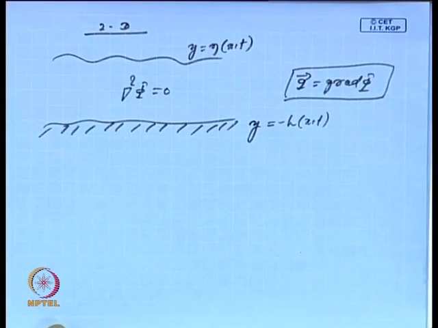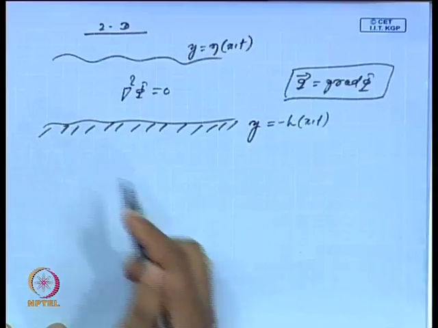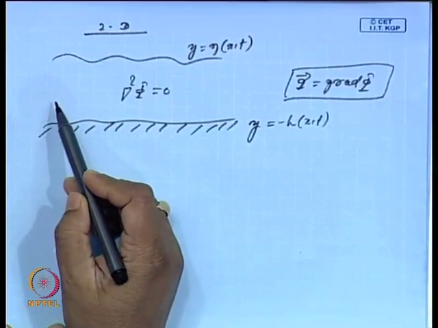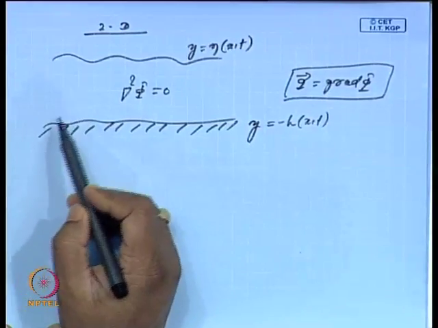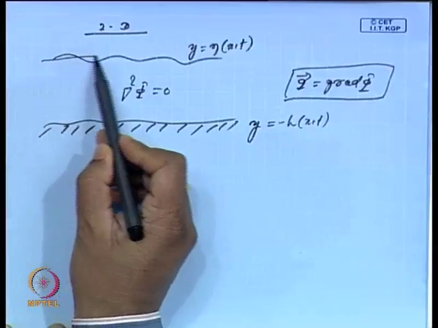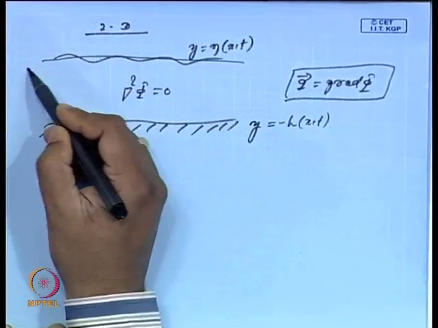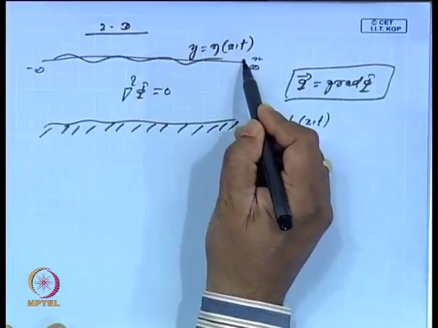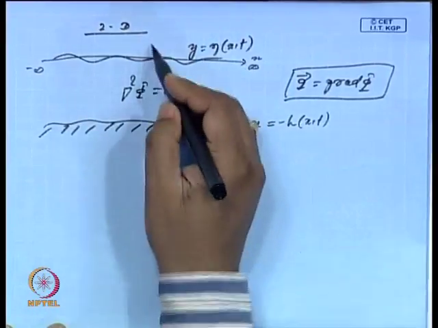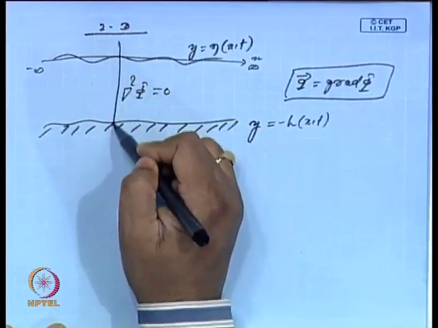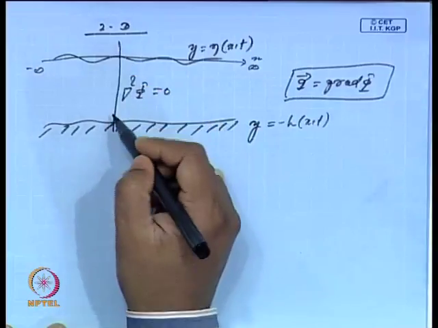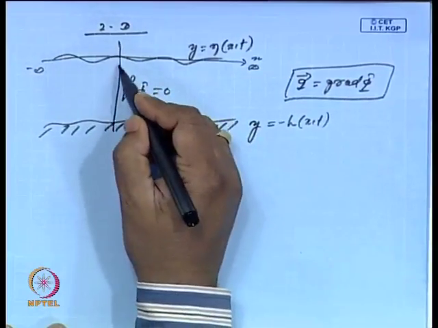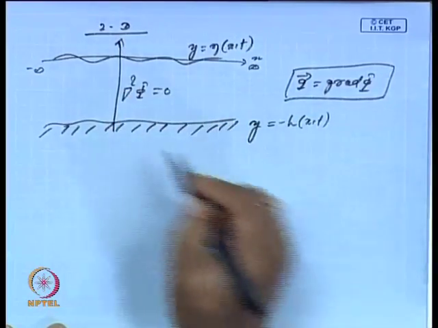Okay. Now, what will happen? There are two surfaces. Assume that the fluid extends from minus infinity to infinity, and this is my x axis. Here I have the y axis, and the downward direction is the negative direction.